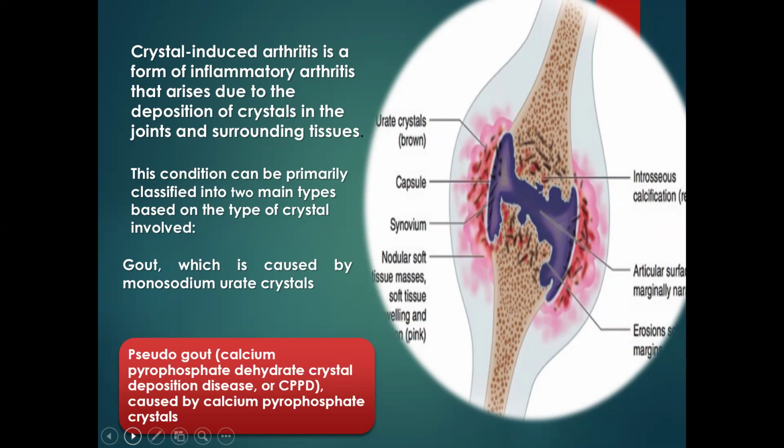Another type of crystal-induced arthritis is pseudogout, also known as calcium pyrophosphate dihydrate crystal deposition disease, CPPD.